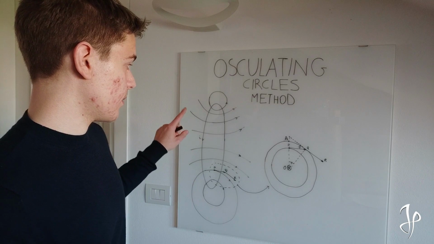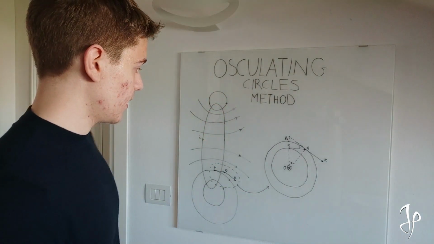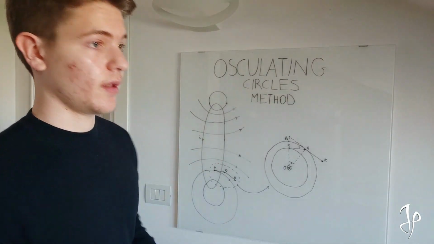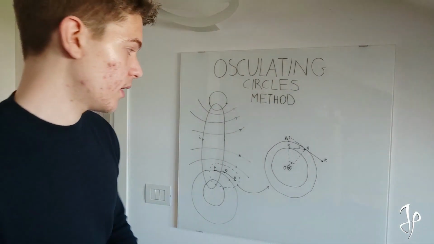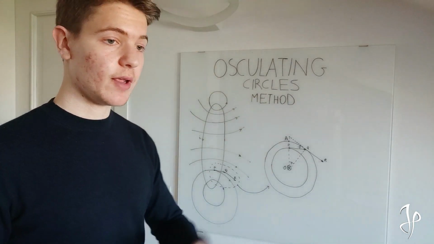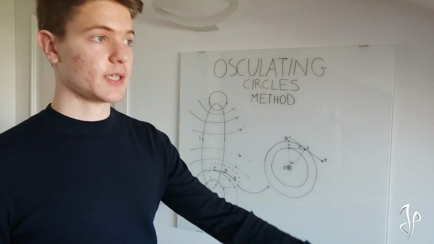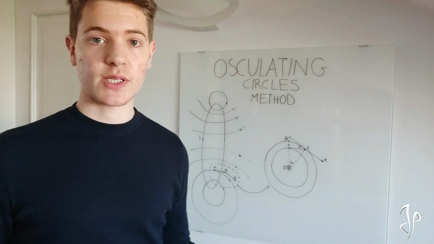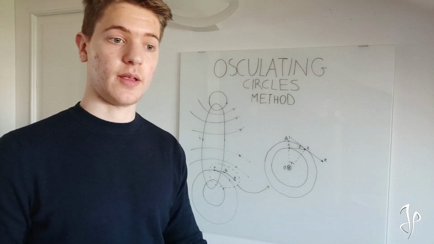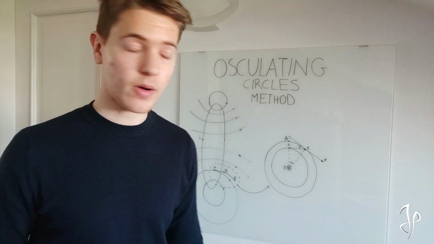So here, what is the osculating circles method about? It is basically about assuming that locally the field is concentric. So as soon as you assume that it is locally concentric, which is of course an approximation, but it helps a lot to reduce the error.